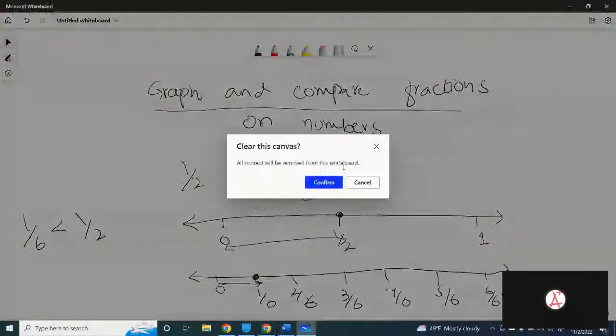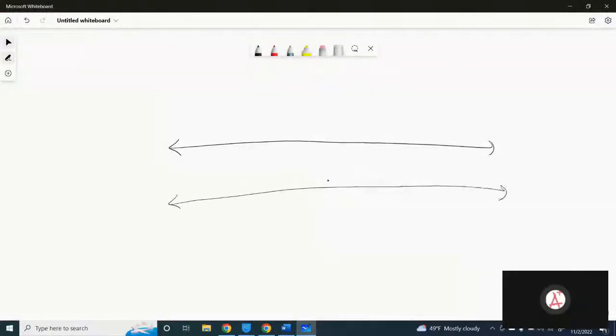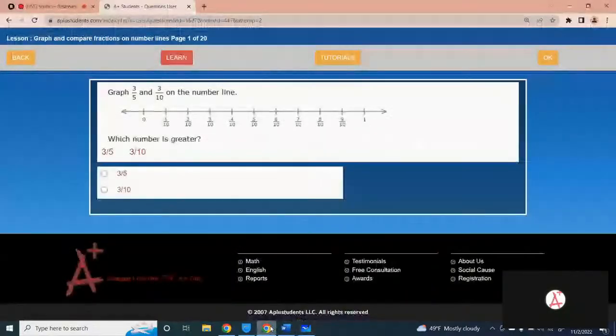You can draw them on the same number line, but before that, you have to make the denominator same. Got it? So here you have the fractions 3 by 5 and 3 over 10.